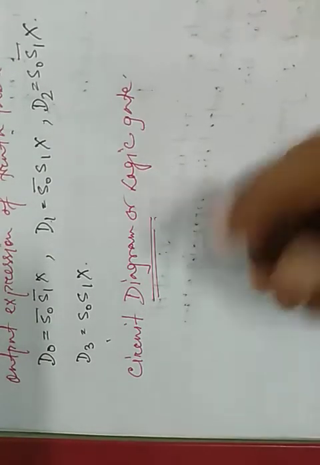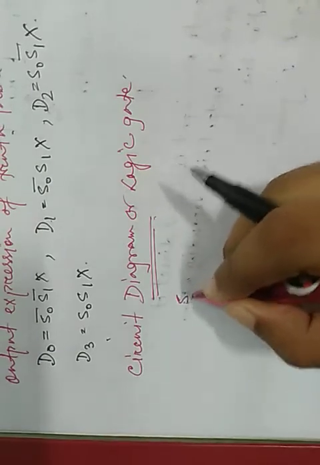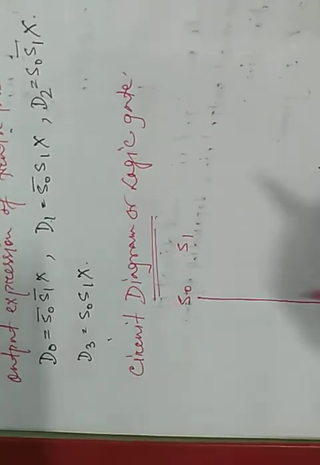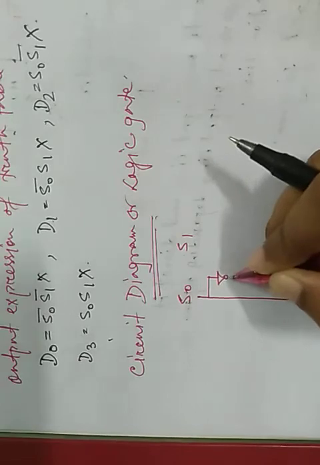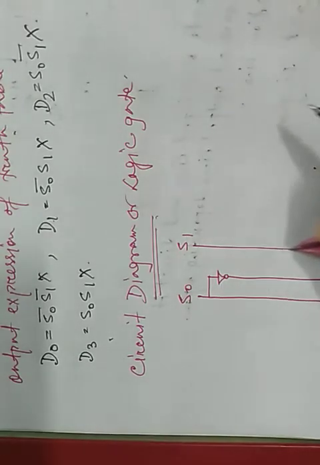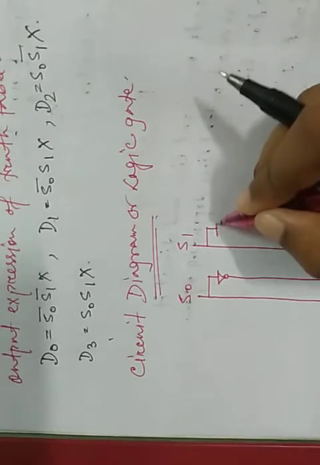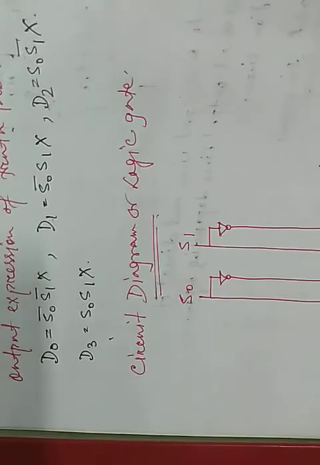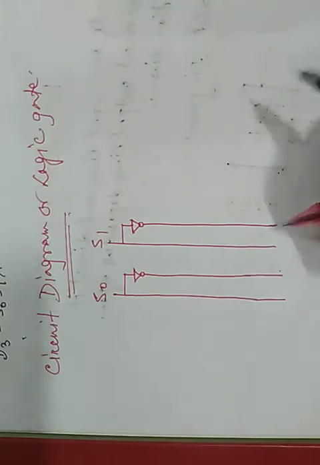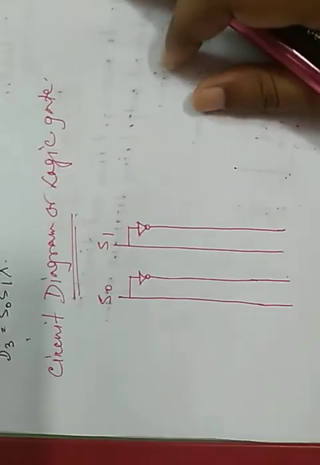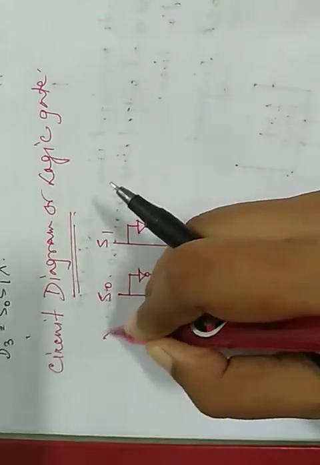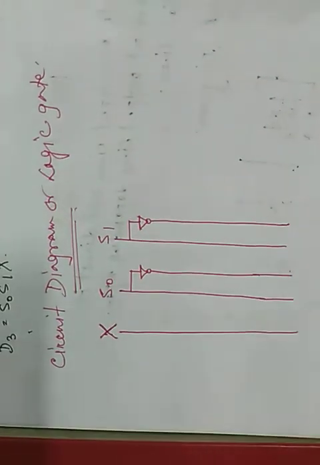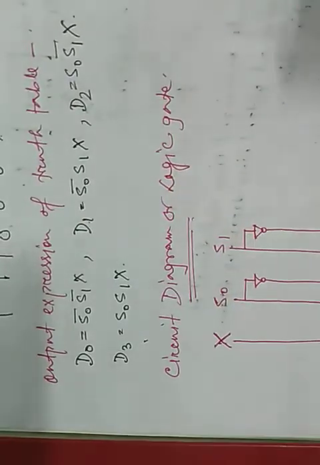Again there are 2 selection lines, S0 and S1, and our input is X. These are our output expressions.